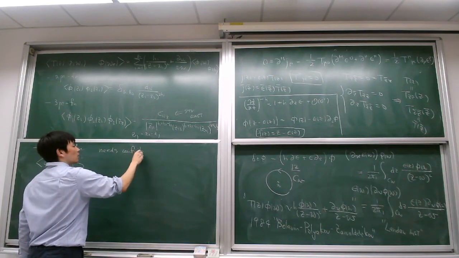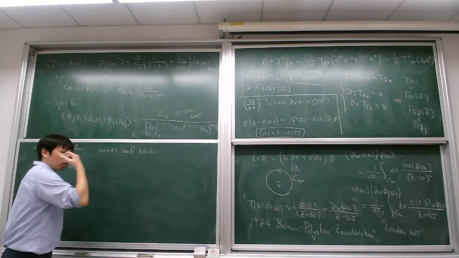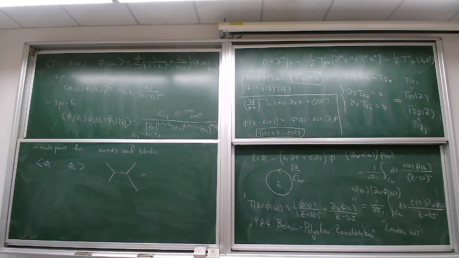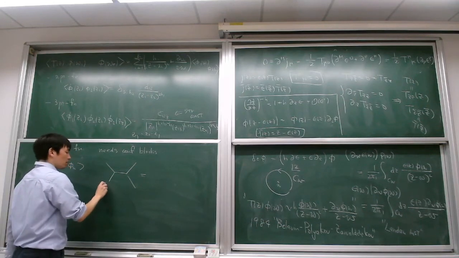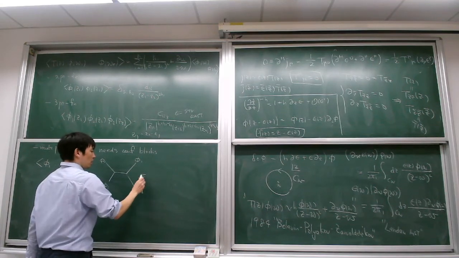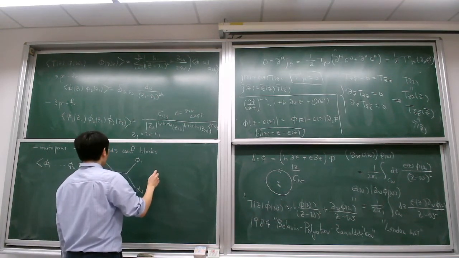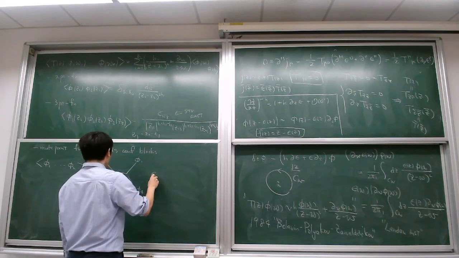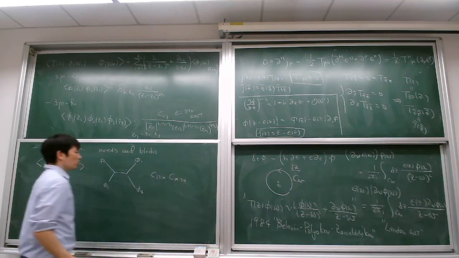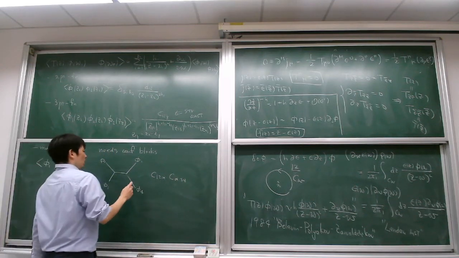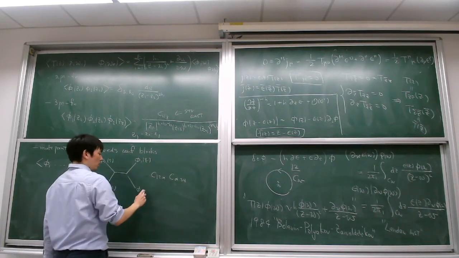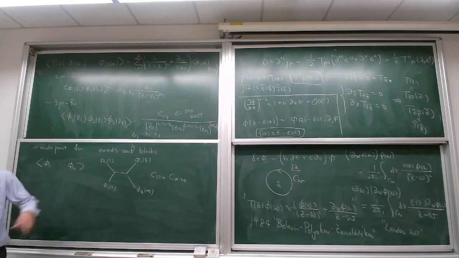For instance, if you have a 4-point conformal block, you have structure constants C 1, 2 alpha and C alpha 3, 4, the structure constants of the conformal theory, and then you can usually put the points at 0, 1, Q, and infinity. And this Q is called the cross ratio.